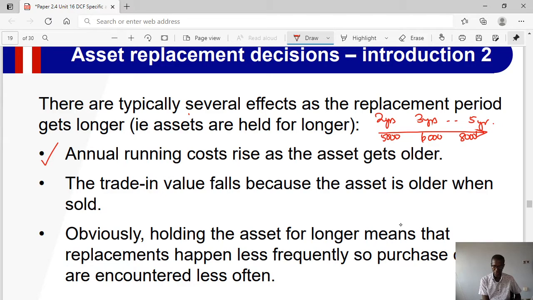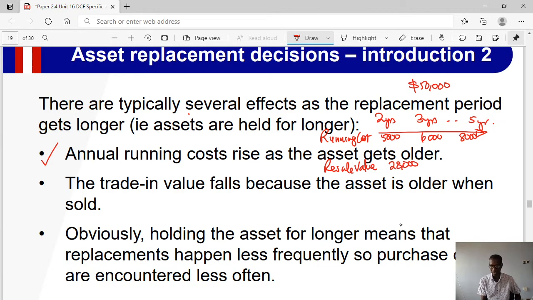But then the trade-in value falls because the asset is older when sold. Even though the running cost is getting higher, consider the resale value. Maybe the asset was bought for 50,000 and it costs 2,000 to run and maintain it, but now we need more: in year 3 we need 6,000, and if we keep it for 5 years we need 8,000. If we sold the asset after 2 years, we could have sold it for 28,000.